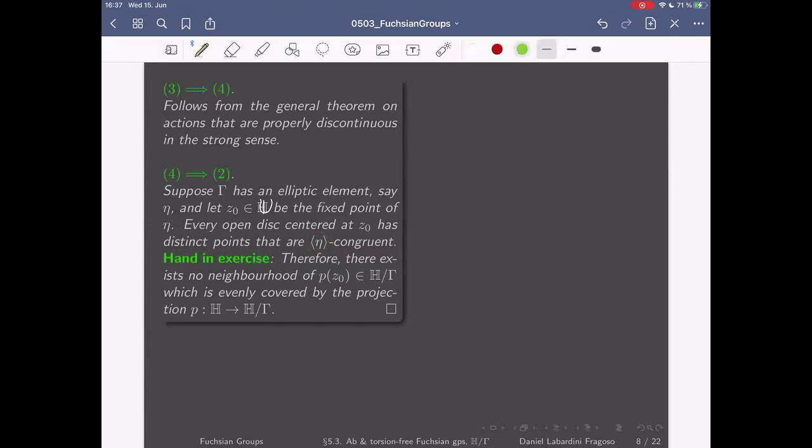So maybe we can draw a picture again. We have Z0 in the upper half plane, and basically we have some rotations around that point, which are generated by some element eta.